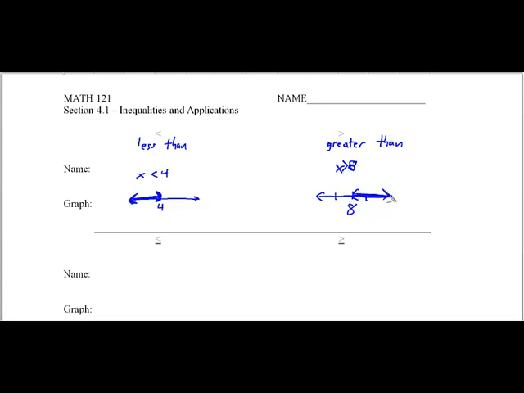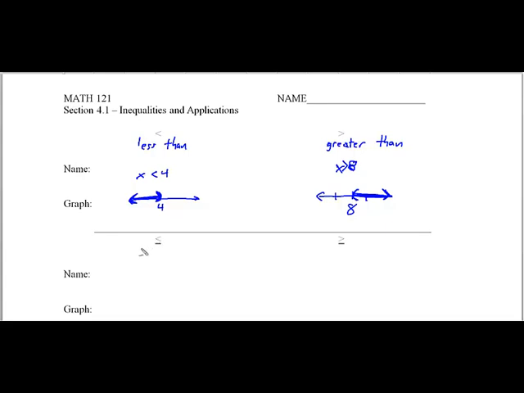If you take a look, you'll notice that the arrow is going in the same way as this symbol, and that's true if the x is on the left-hand side. And it's good math grammar to have the x on the left-hand side, so this would be the greater than symbol. Now in previous classes you might have used an open circle for this, but the book uses a curve for these greater than or less than symbols.